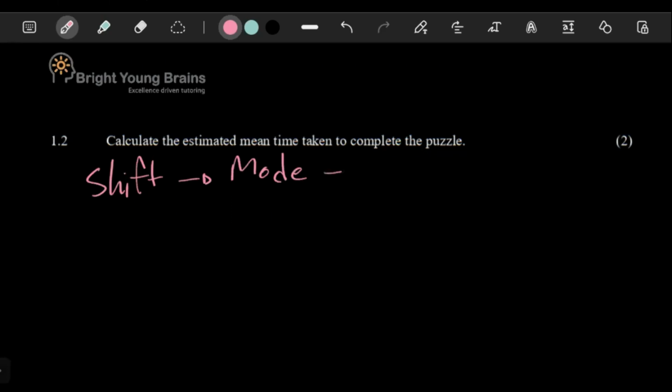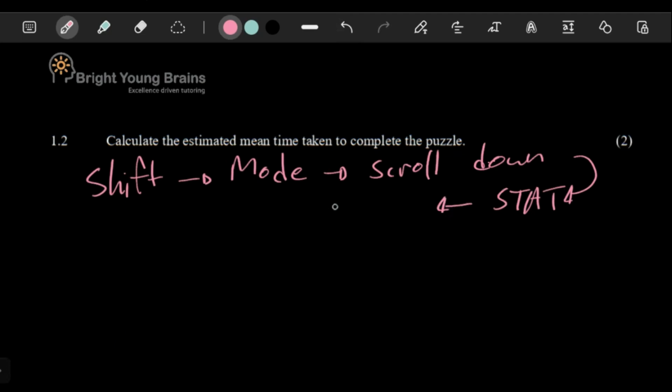After pressing mode, you're going to scroll down. After scrolling down, you're going to click on where it says stat. After clicking there, it's going to show you frequency, and then you're going to turn it on.